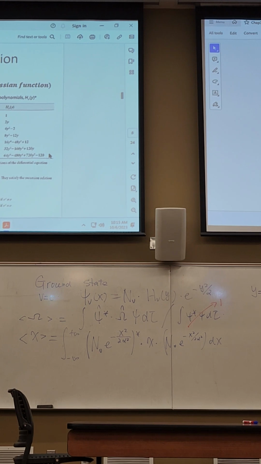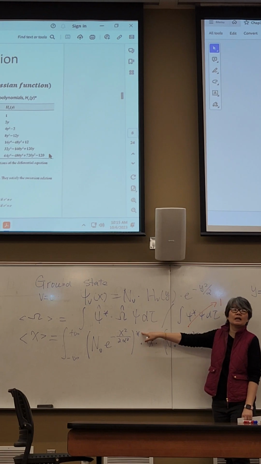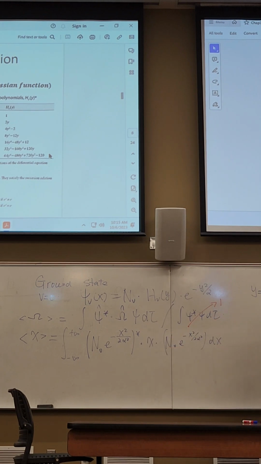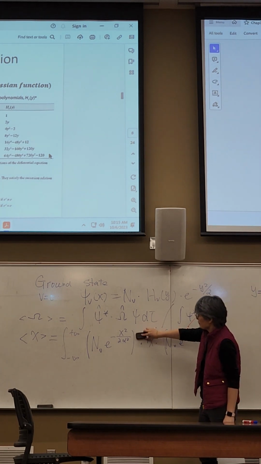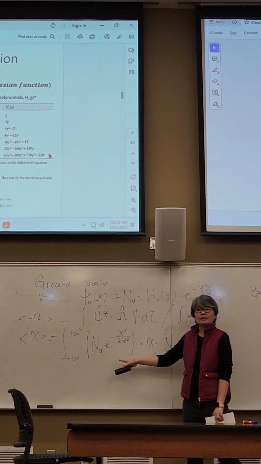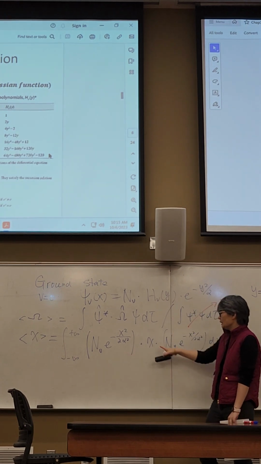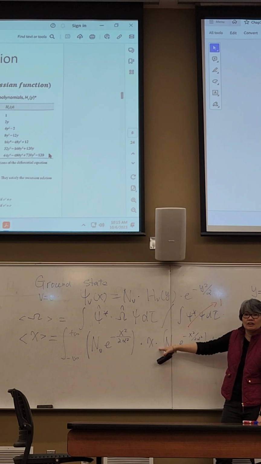Now, what do you guys think this value is going to be? Of course, I can take it a step further. So this is a complex conjugate of a real function, which equals itself, right? And then I have this and this is exactly the same. Now what do I have? This is a multiplication.